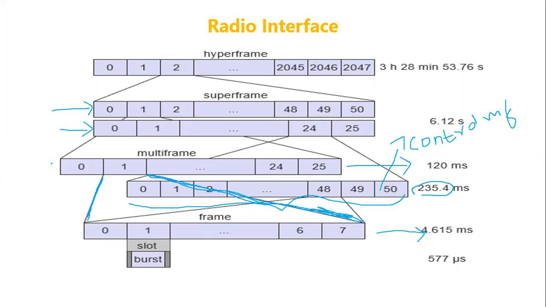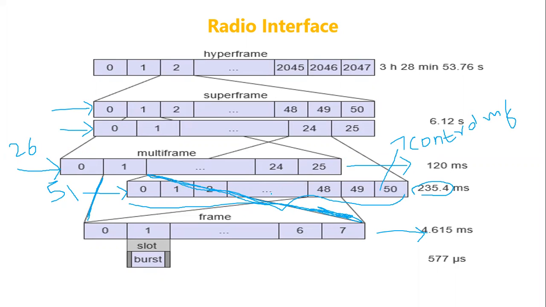See, there are two types of multiframes. What we have discussed is, one is a 26 multiframe, which is a normal multiframe. The other one is a 51 multiframe, also called a control multiframe.